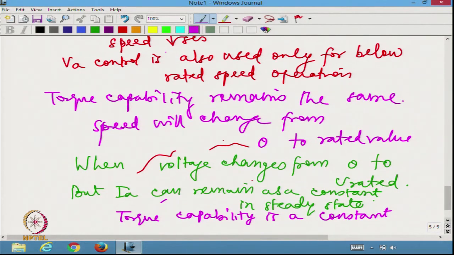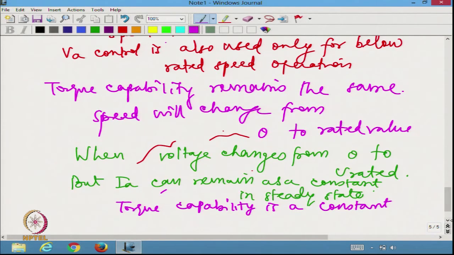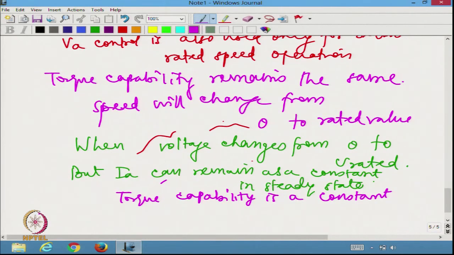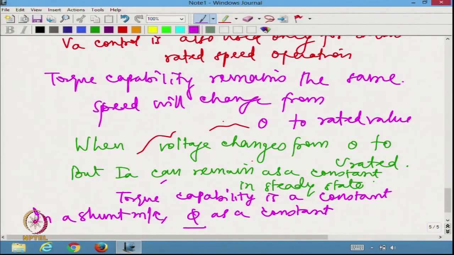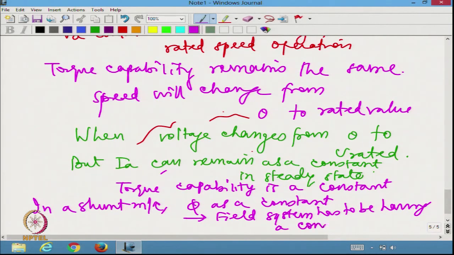But please remember, if it is a shunt machine, we want to keep the flux as a constant, right? Then that means the field system has to be supplied separately. Field system has to be having a constant voltage. It cannot have the same voltage which you have given as reduced voltage to the armature system.